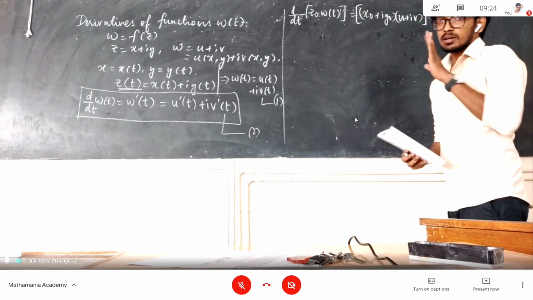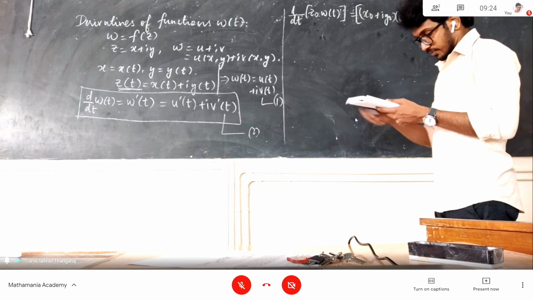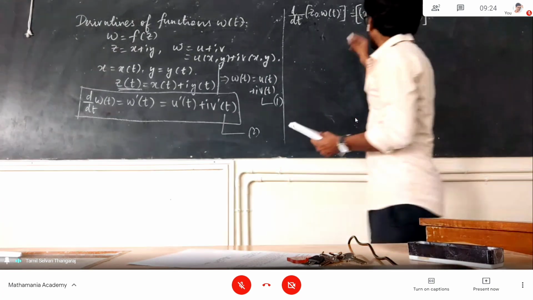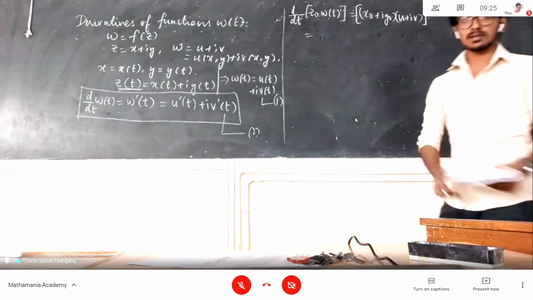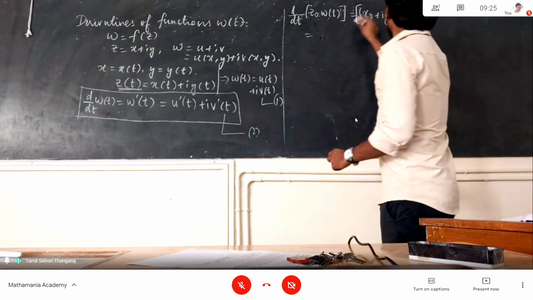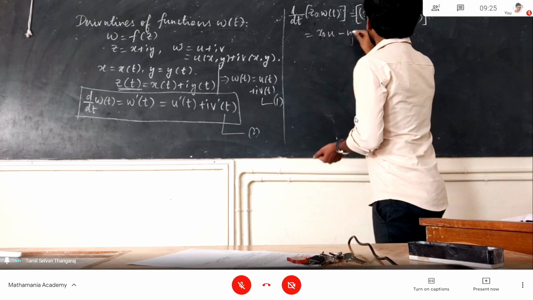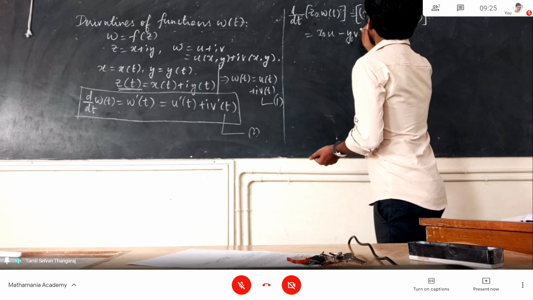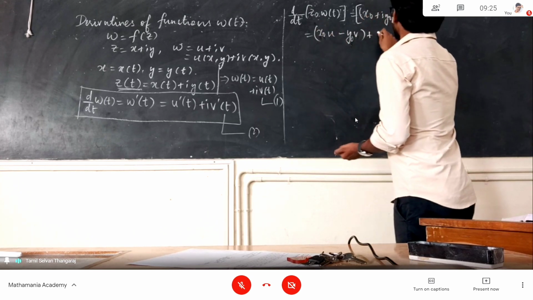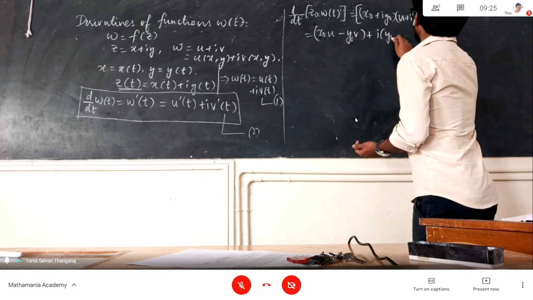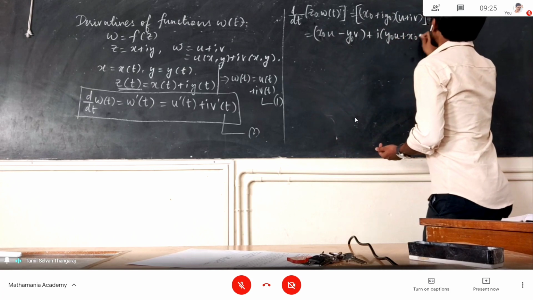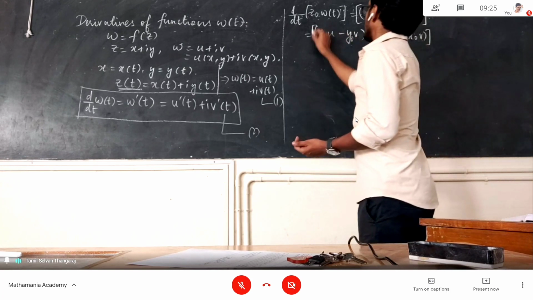So we shall multiply these things inside. When you do the multiplication, it is x naught u minus y naught v plus iota times y naught u plus x naught v, the whole derivative.